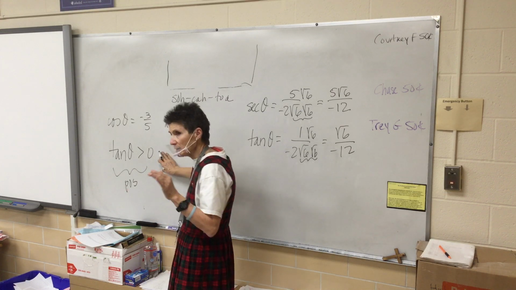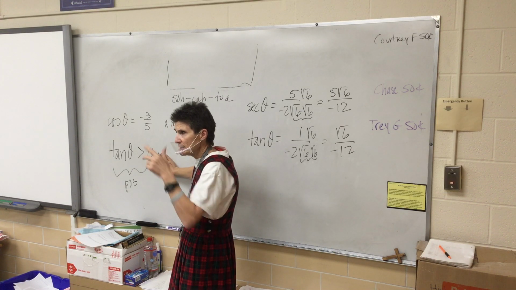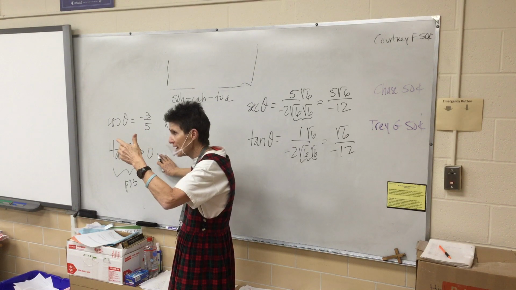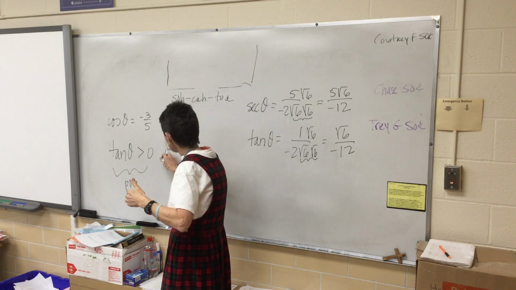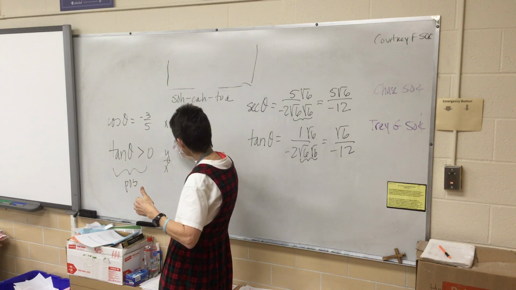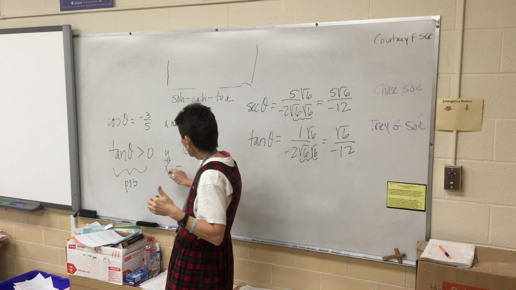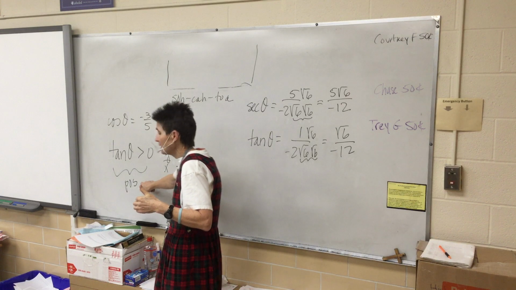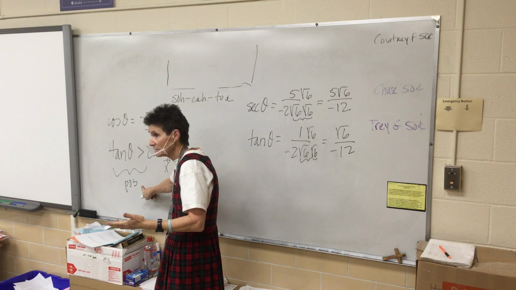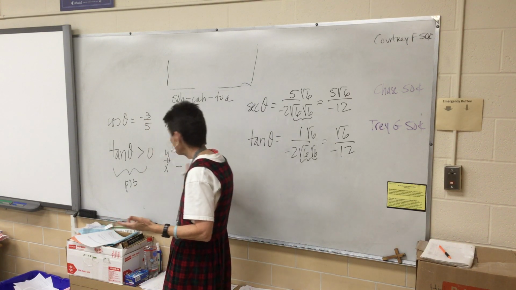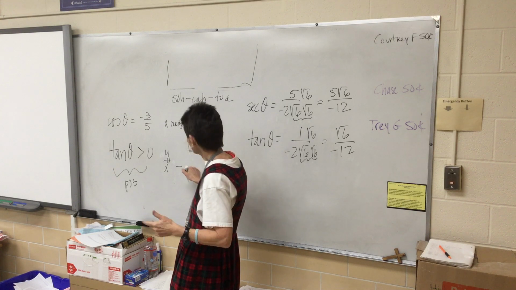Now what does this mean? What's tangent? Tangent, remember, is a combination of them. So if we already know that x is negative, but the whole fraction has to be positive, then what does that mean? They're both negative.